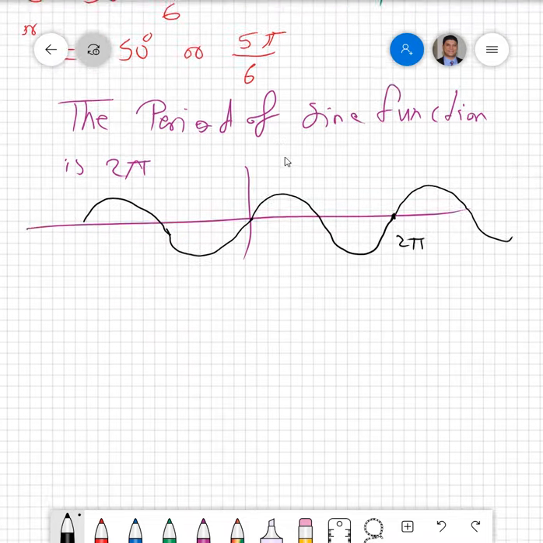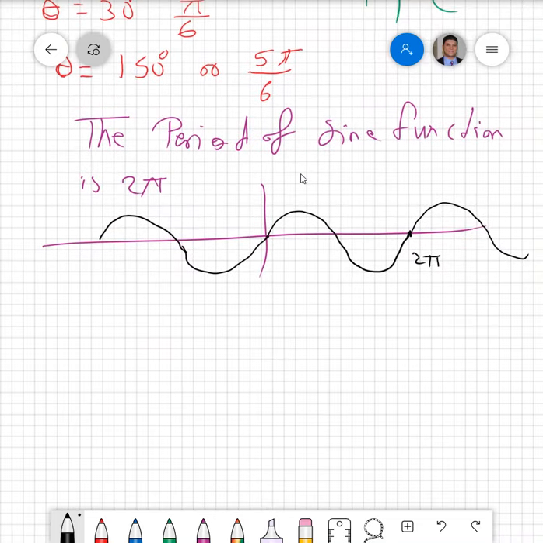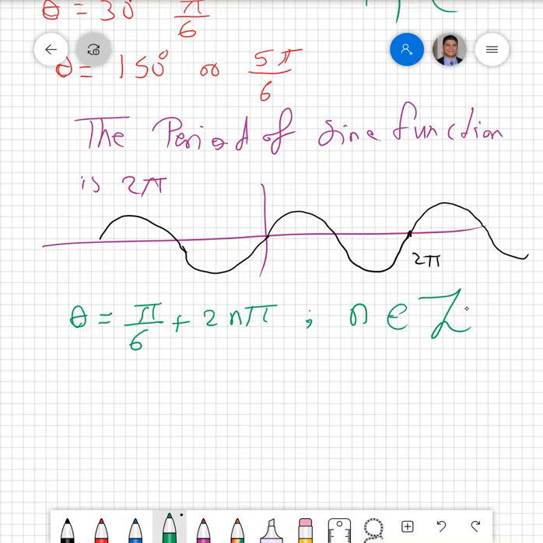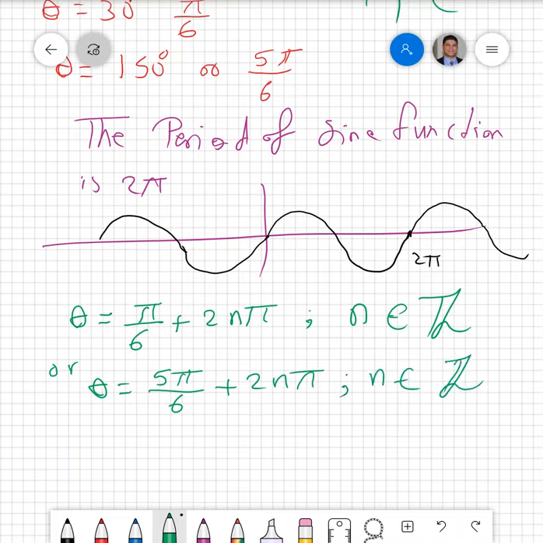So how can we write the solution? We can write the solution as theta equal pi over 6 plus 2n pi, such that n belongs to Z, or theta equal 5 pi over 6 plus 2n pi, such that n belongs to Z. That means n is an integer.